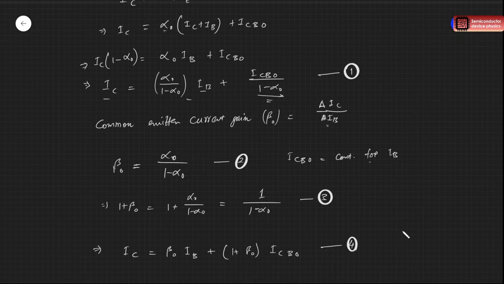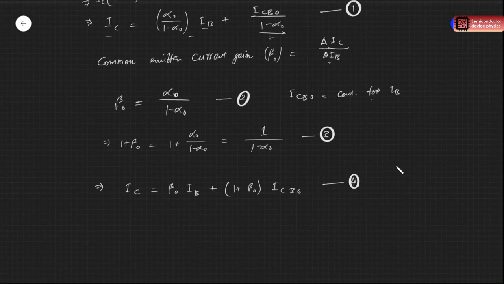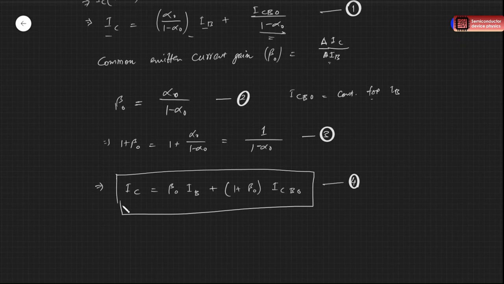So this is one of the most important equations in this common emitter configuration. This equation gives us the variation of the output current with respect to our input current, right?